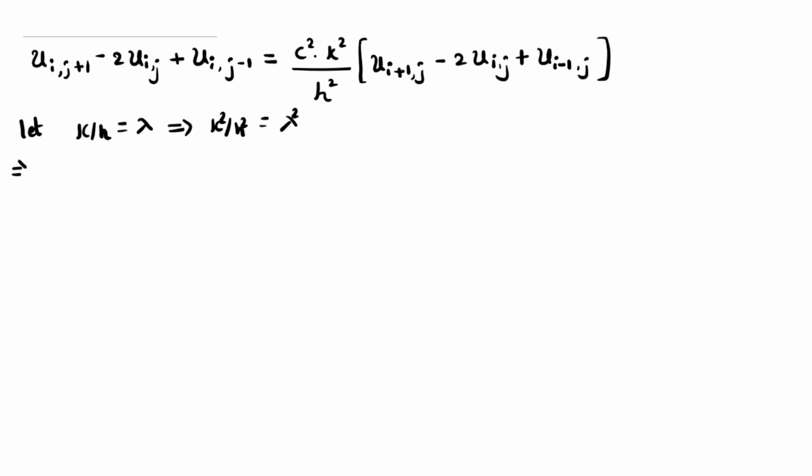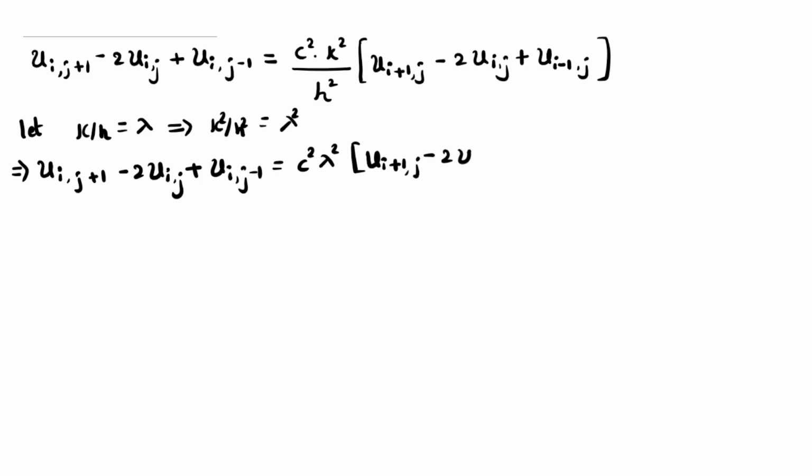So what happens? u I comma j plus 1 minus 2 times u I comma j plus u I comma j minus 1 equals c square lambda square, with these terms as they are, u I minus 1 comma j. Now keep u I comma j plus 1 here and move all the remaining terms to the right side.